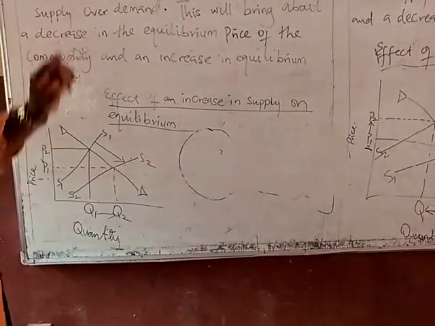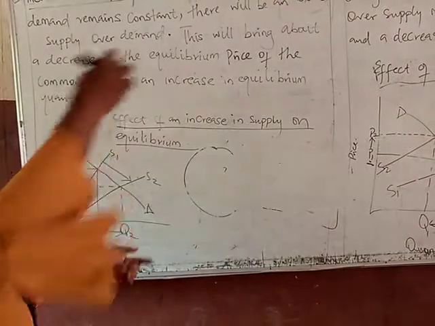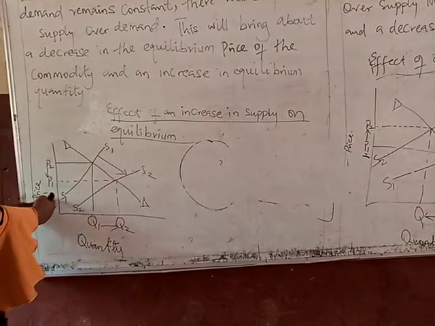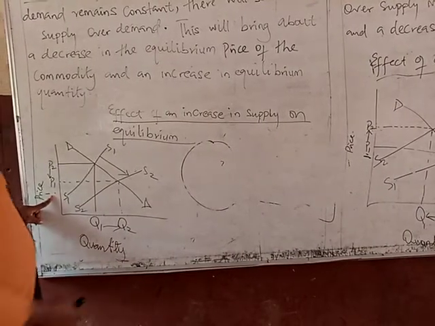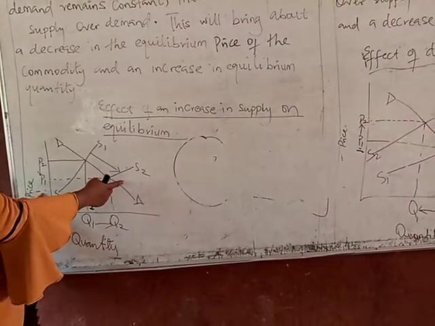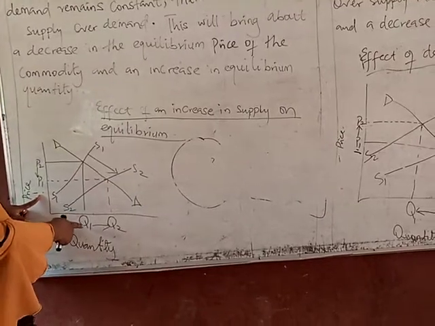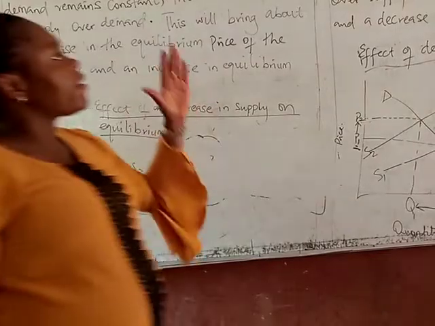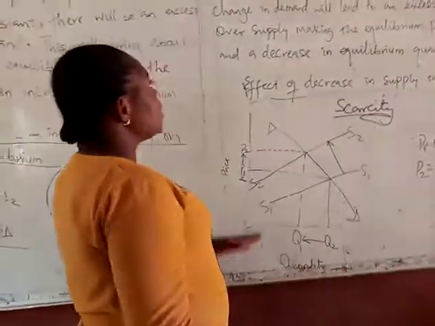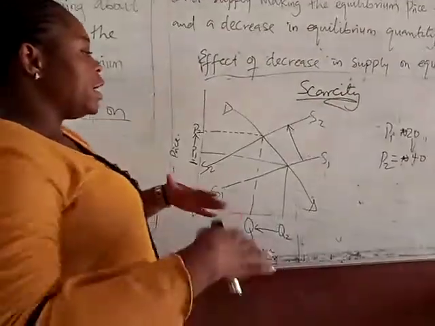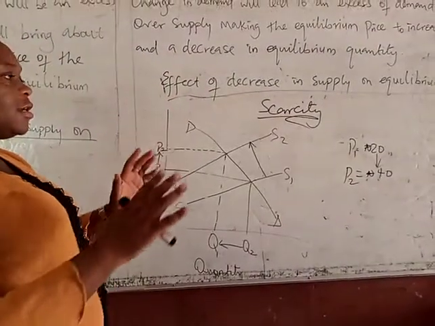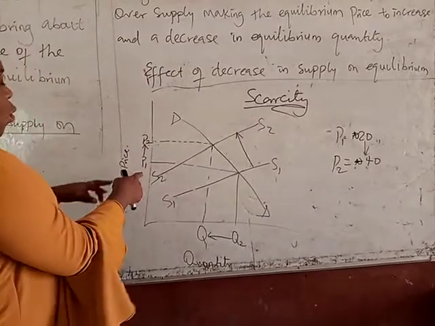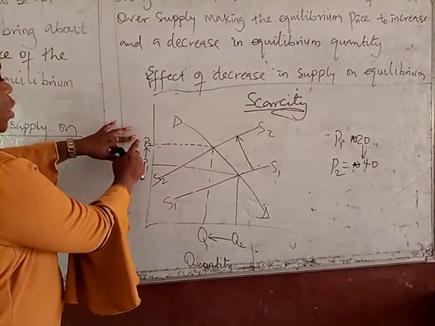When there is an increase in supply, the price of the commodity falls back, shifting down from quantity 1 to quantity 2. But if there is a decrease in supply, the price of the commodity will increase, changing the arrow from P1 to P2.